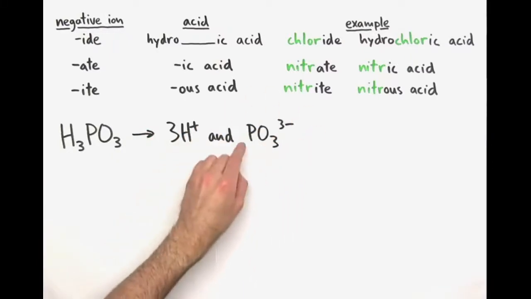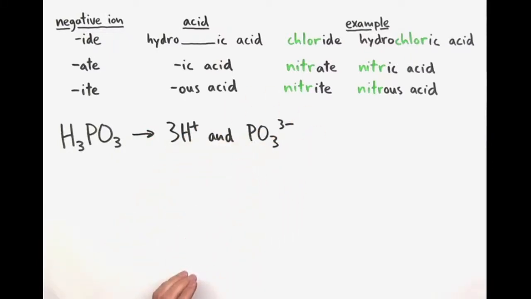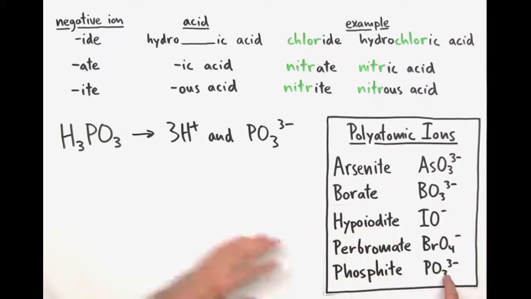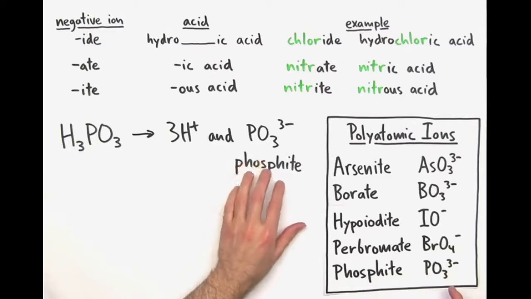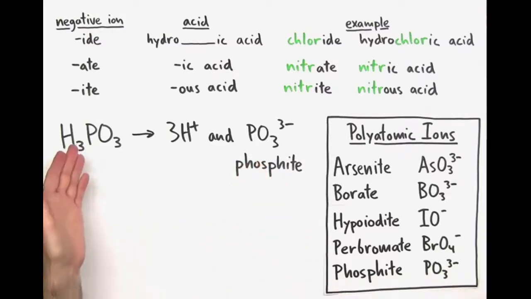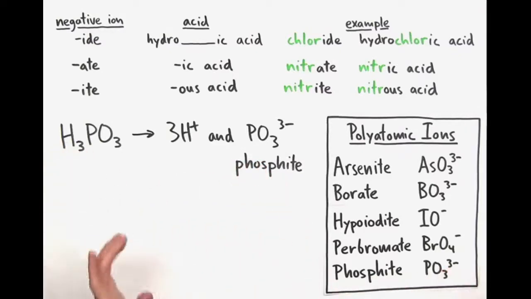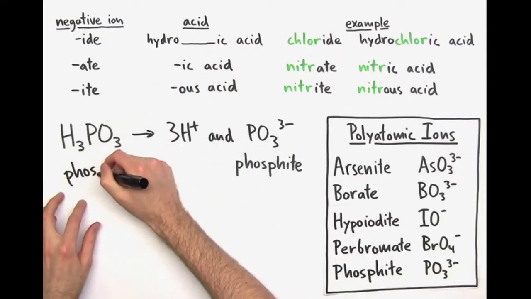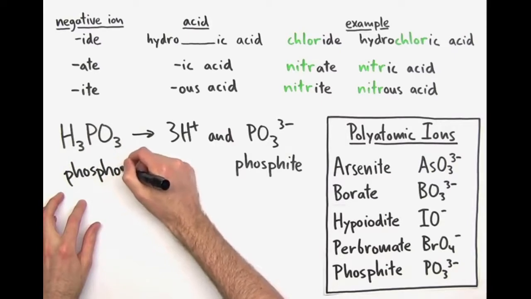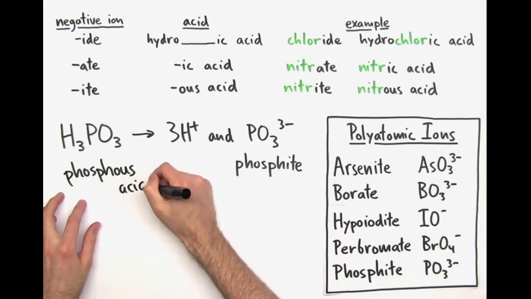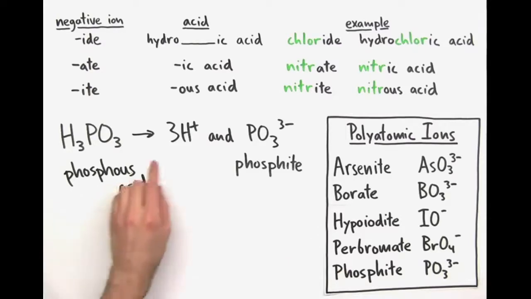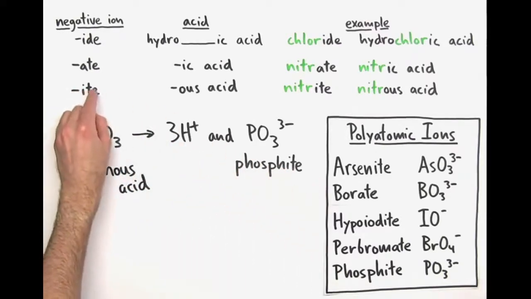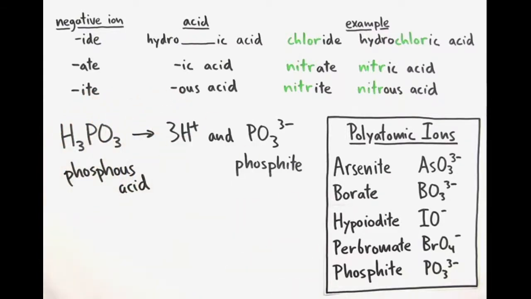Okay, this polyatomic ion here, PO3 3 minus, we got to figure out what its name is. PO3 3 minus, and this is phosphite. Okay, how do we name this acid here? Now, based on the rules, you would logically say that we're going to call this phos acid, because we have this ending in ITE, and ITE negative ions give us acids that end in OUS.